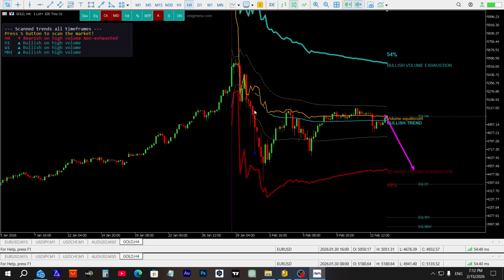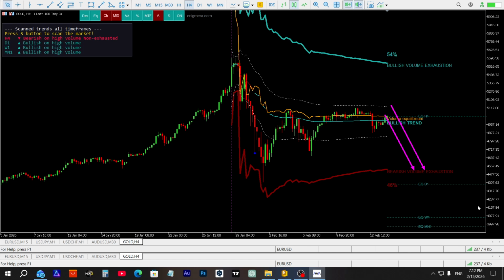I can check also where is the bullish deviation line, because this is the next place where we can short the market. This is quite close. So you can see how easily with this scanner you can find good setups.